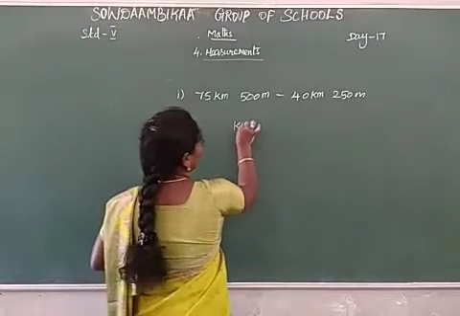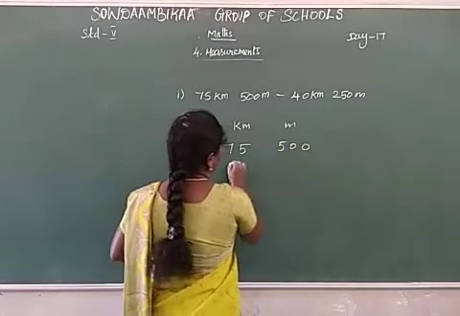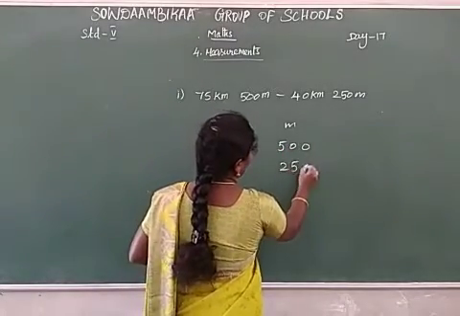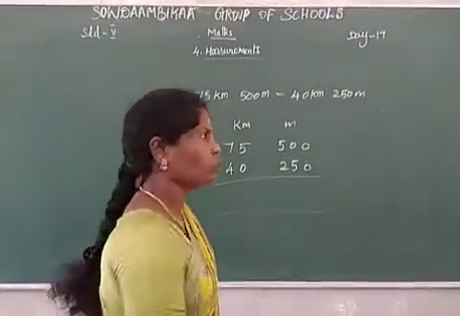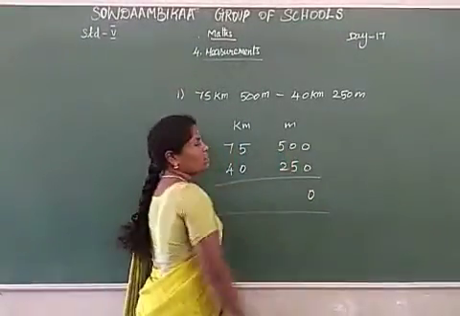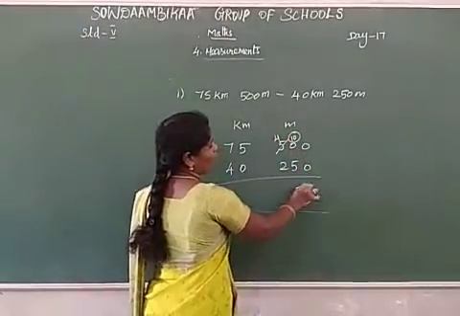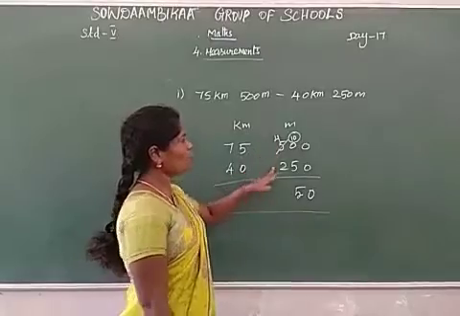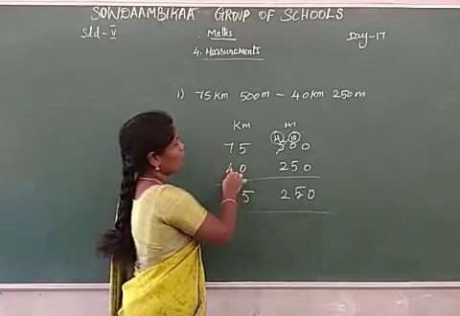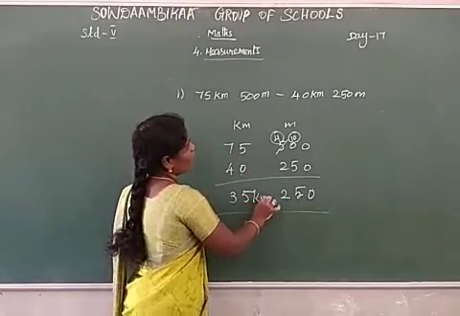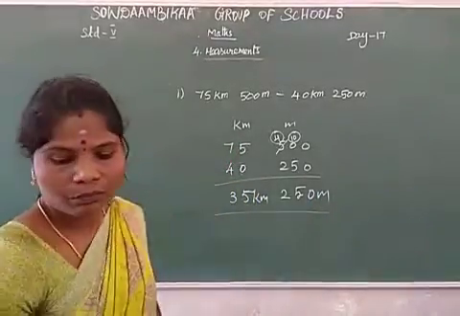First write the kilometer and meter: 75, 500, 40, 250. 0 minus 0, 0. 0 minus 5 is not possible, so borrow, here 10. 10 minus 5, 5. 4 minus 2, 2. 5 minus 0, 5. 7 minus 4, 3. So the answer is 35 kilometer, 250 meter. The next sum.